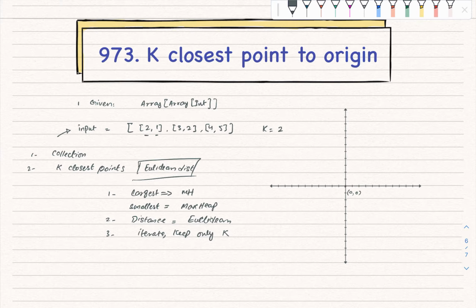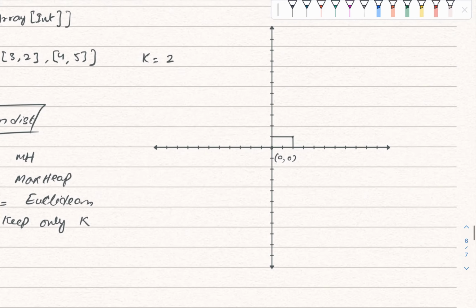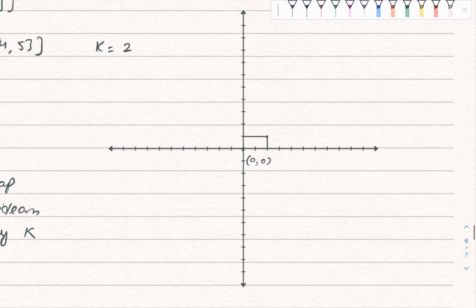Now when we say 2 and 1, this is 2 and this is 1, so that point is (2, 1). Let's suppose (5, 4): we go up to 5 here, and up to 4 here, so that is the point (5, 4).